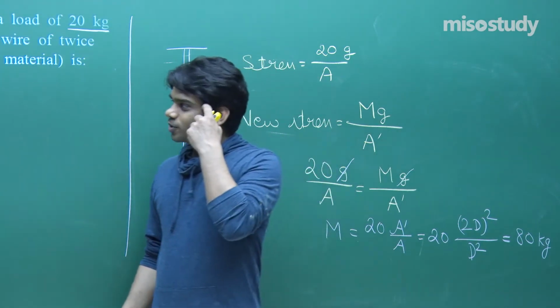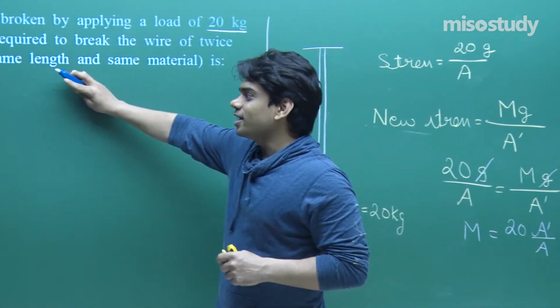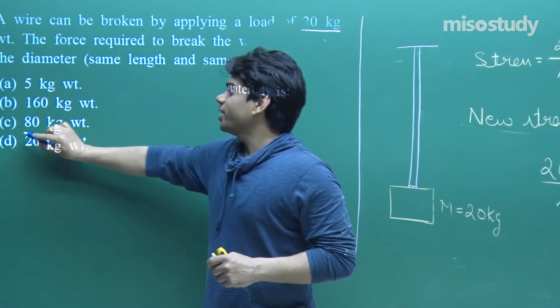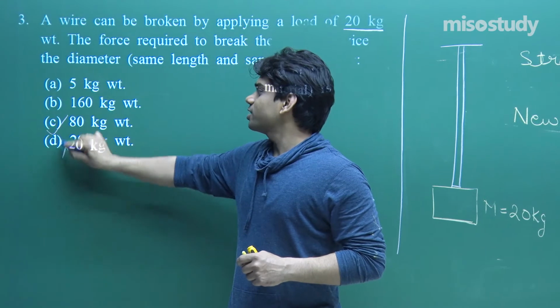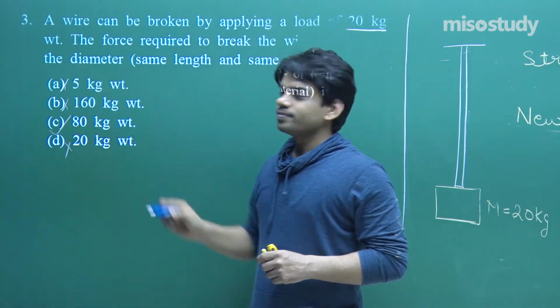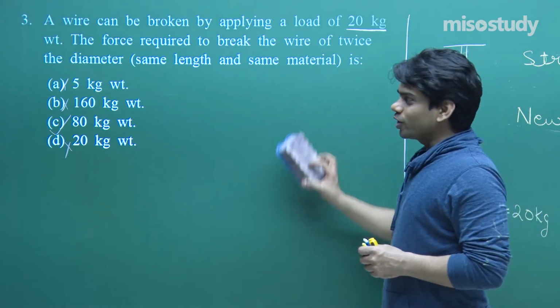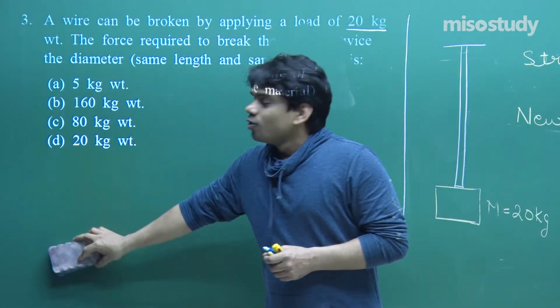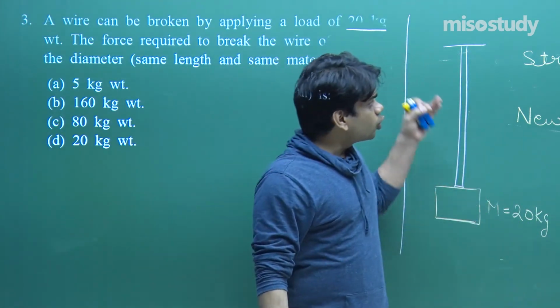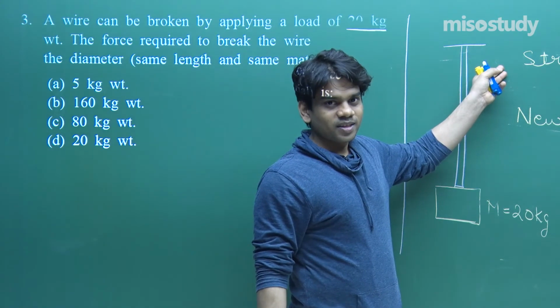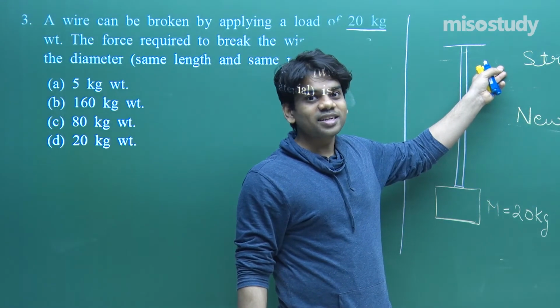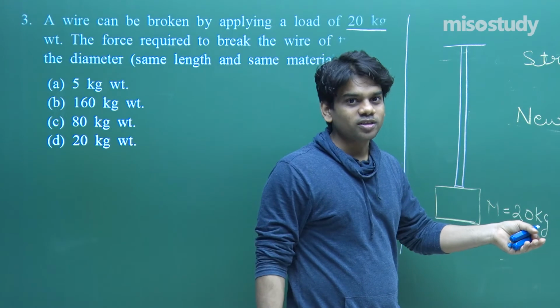Hence, let's check the options. 5 kg weight incorrect, 160 kg weight incorrect, 80 kg weight, that's the correct answer. Rest all are incorrect. I hope that you have got to know how to solve such kind of question. Once again, first of all, you should know the breaking stress and equate the breaking stress to the new stress. That is what is required.